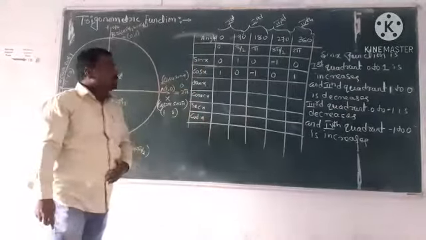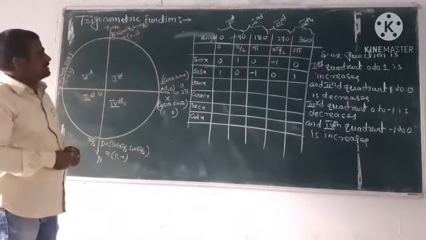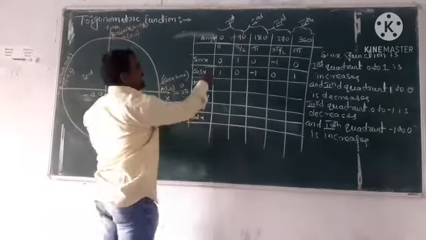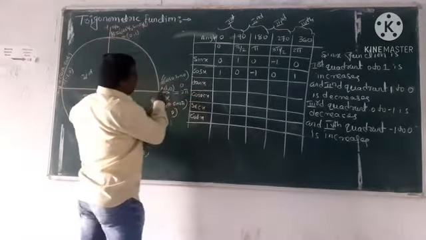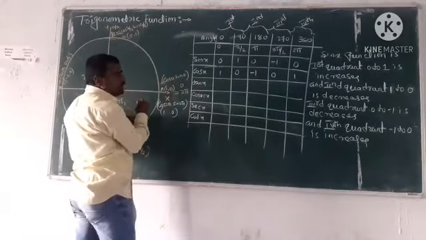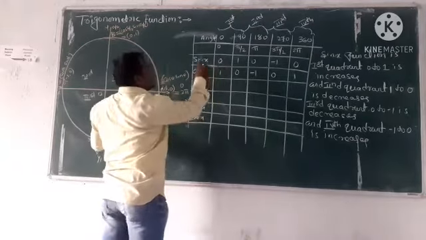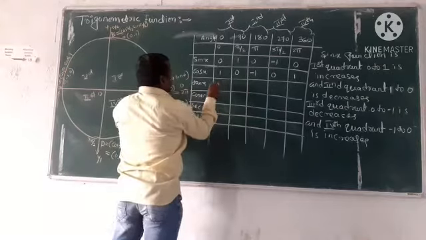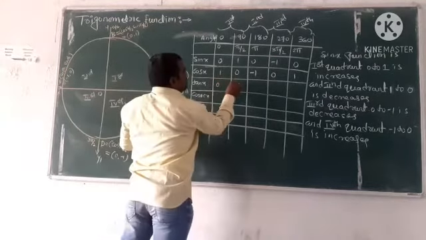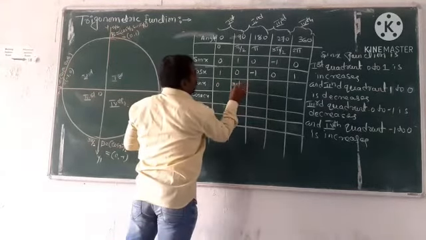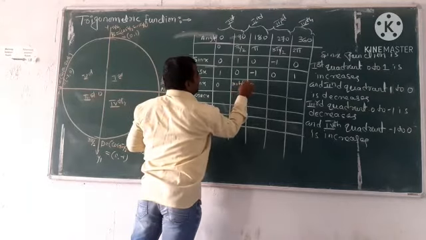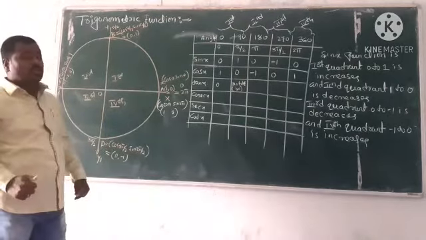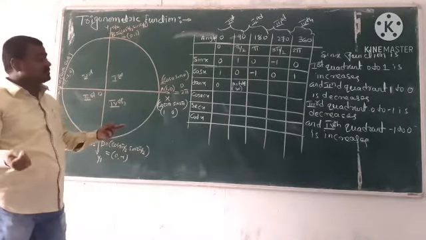Clear? Next, tan x. We read tan x as sin divided by cos, so we divide these two. So 0 by 1 is 0, and 1 by 0 is not defined, it means infinity. Infinity means the biggest, maybe increase, maybe decrease.